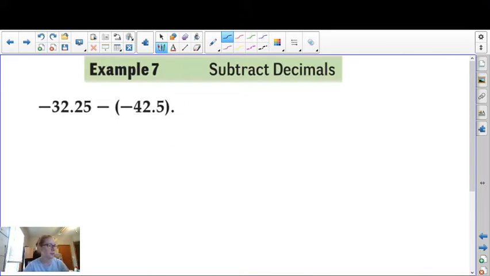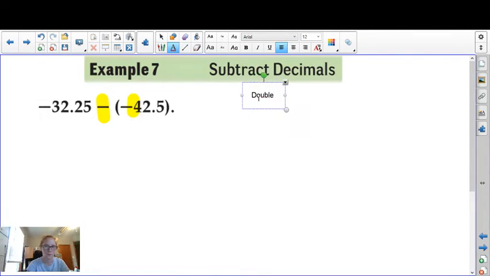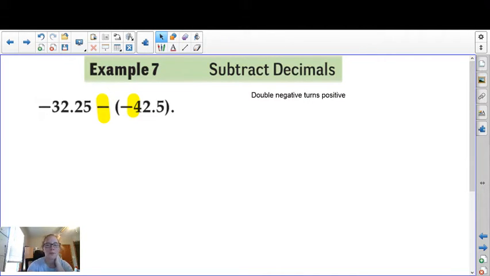Subtracting decimals, again, I have negative, negative, and negative, negative. Oops, let me just switch this before I forget. So you might have heard the saying in English class, a double negative turns positive, so you didn't do that.